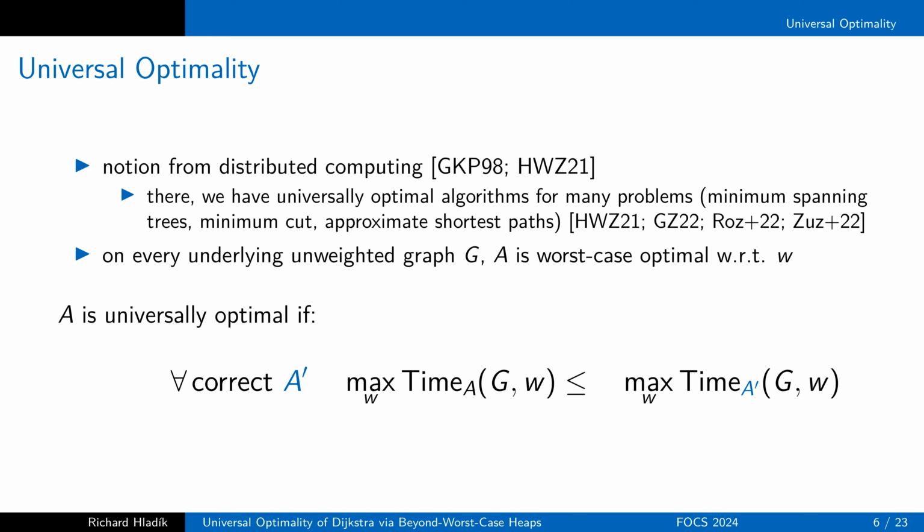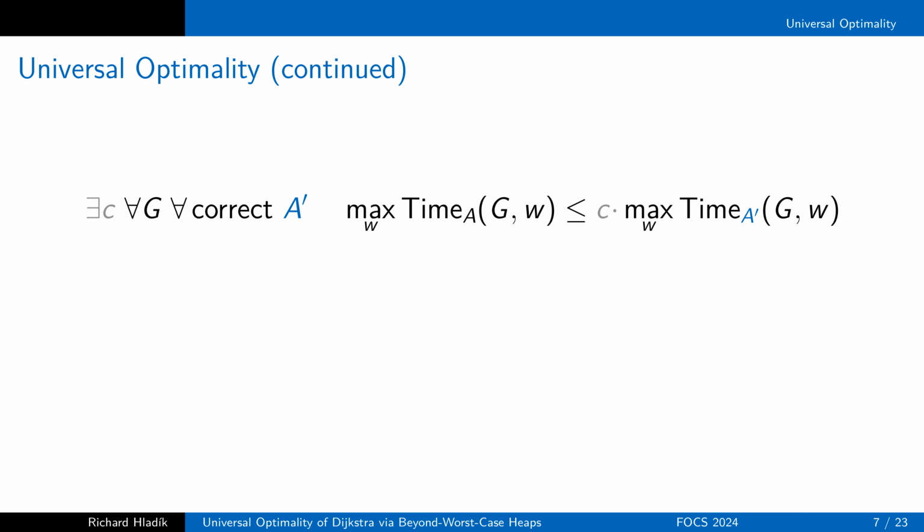And now if my algorithm beats all of them on G, then it's optimal on G. And if it beats them on all G's, then it's universally optimal. And this actually wasn't the full definition. This is the full definition, because I also need to allow my algorithm to be slower by a constant factor. Otherwise, the definition would never be satisfied for trivial reasons. Okay, so this is universal optimality.